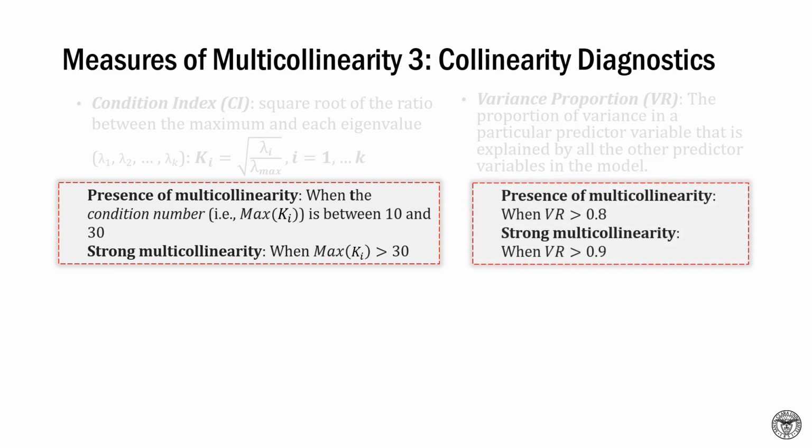If two or more variance decomposition proportions corresponding to condition indices higher than 10 to 30 exceed 80% to 90%, multicollinearity is determined to be present among the explanatory variables corresponding to those exceeding variance decomposition proportions.